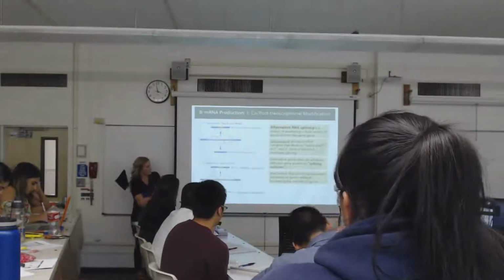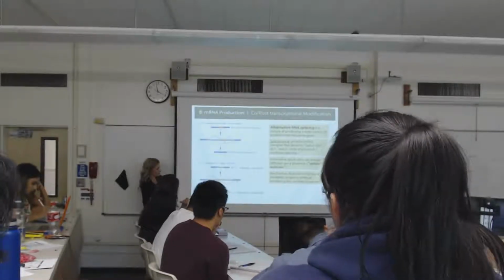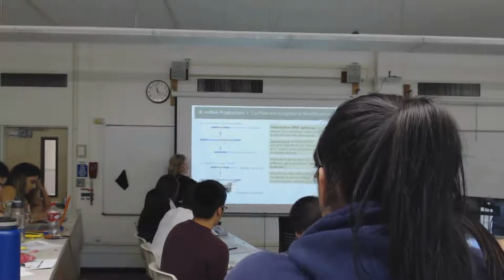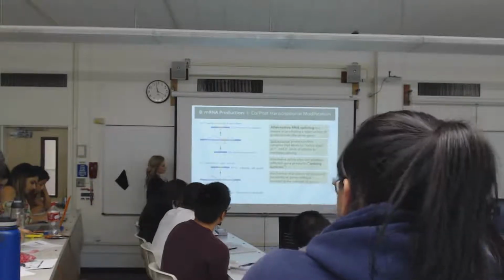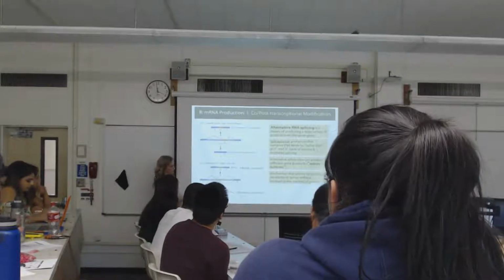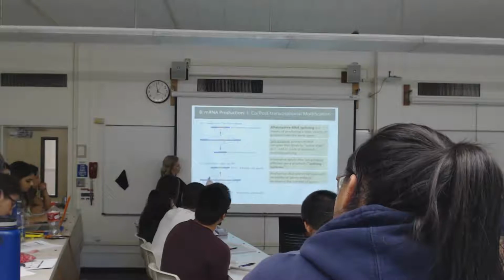So here's an example that's found in a number of breast cancers. Here we have the BCL gene, and in normal tissue, what you see is the spliceosome recognizing these boundaries.